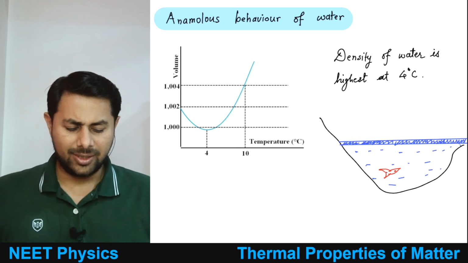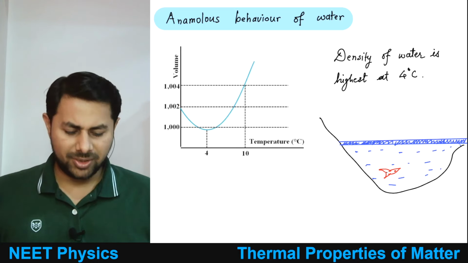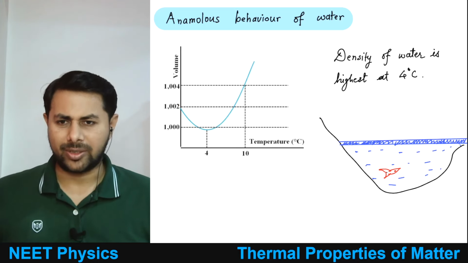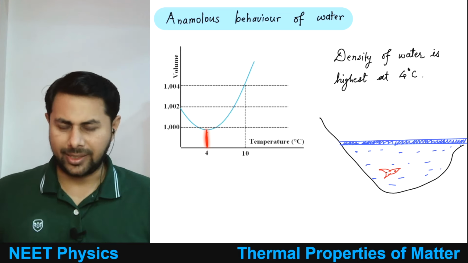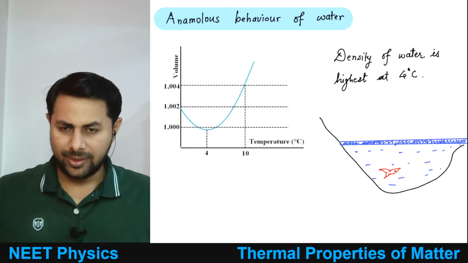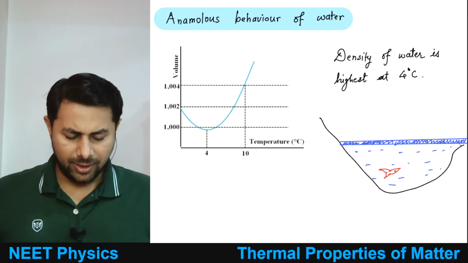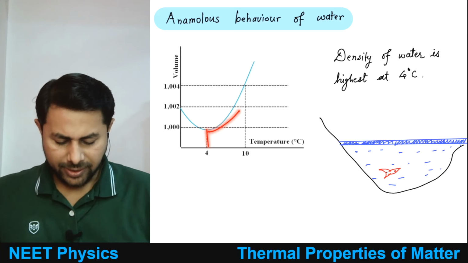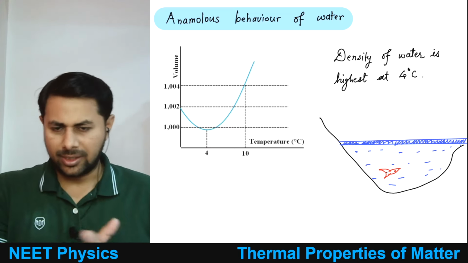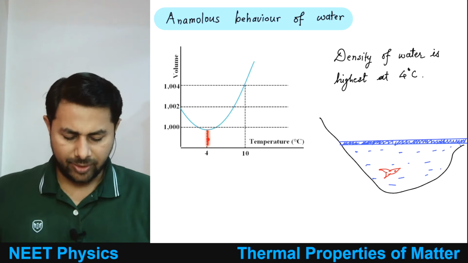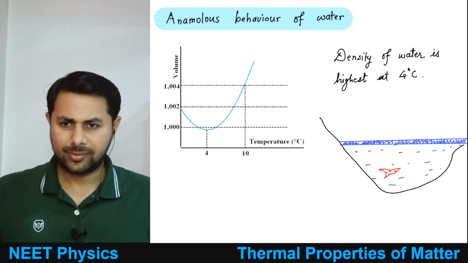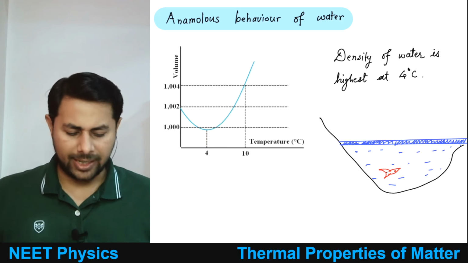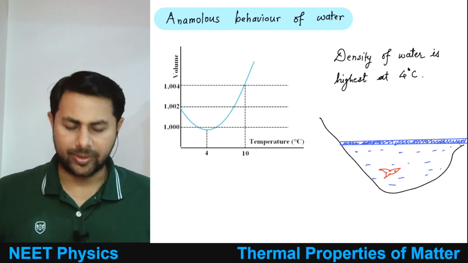This is clear? So this is called the anomalous behavior of water. The density of water is highest at 4 degrees Celsius, and it decreases whether you increase or decrease the temperature from 4 degrees Celsius.